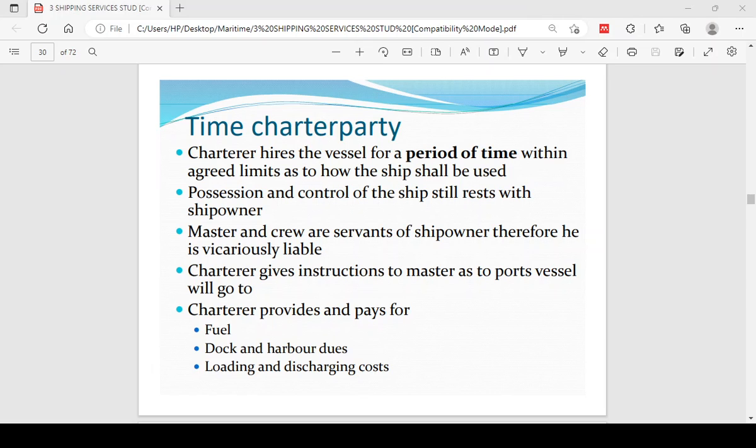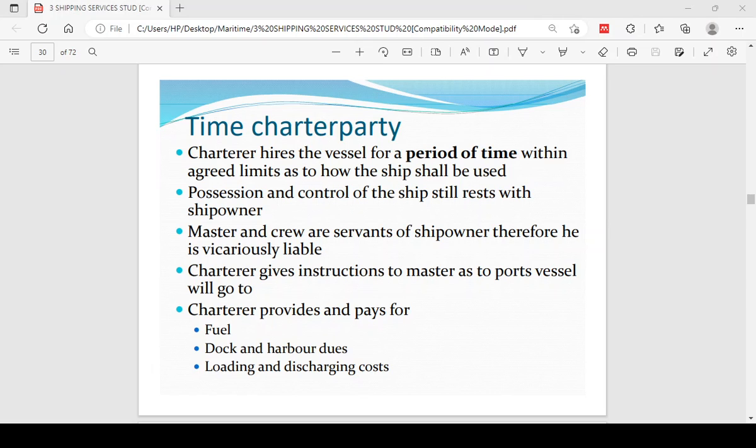But in time charter, what they usually agree on is a sum, let's say every fortnight, every 2 weeks, or every month, that I pay you for the use of the vessel. So time charter in a way is like you hiring a house for a period of time and living in it, and you pay an agreed sum.